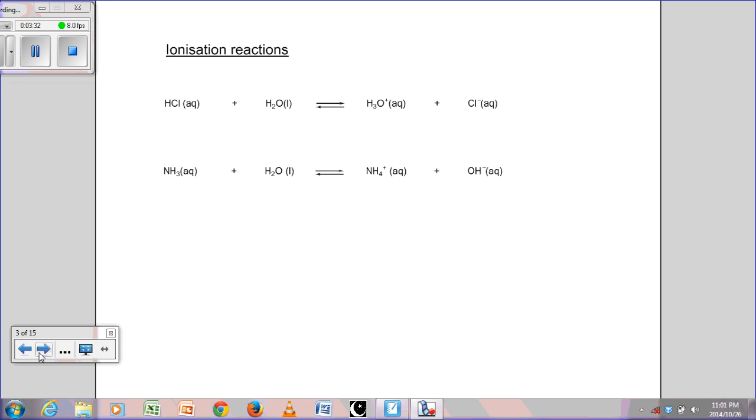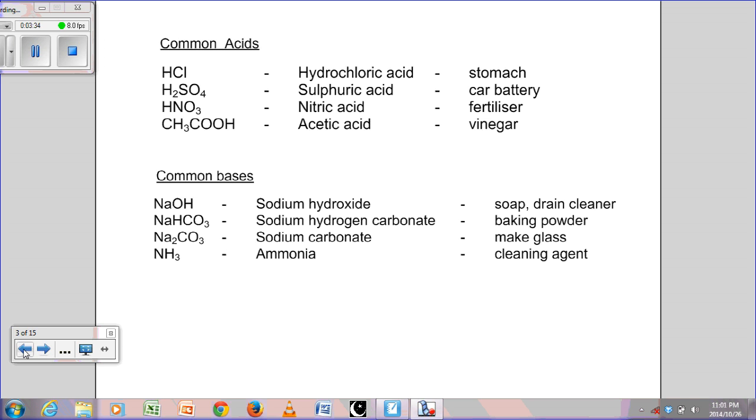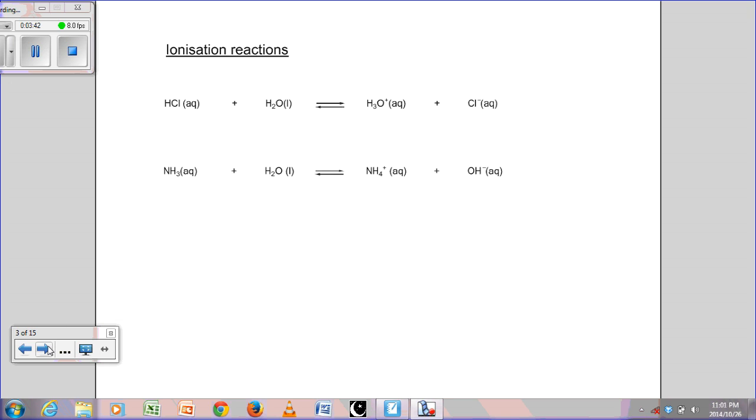Now, if you look at acids, we looked at HCl, H2SO4, HNO3, CH3COOH. When acids react with water, they undergo ionization. HCl is covalently bonded, and NH3 is also covalently bonded.